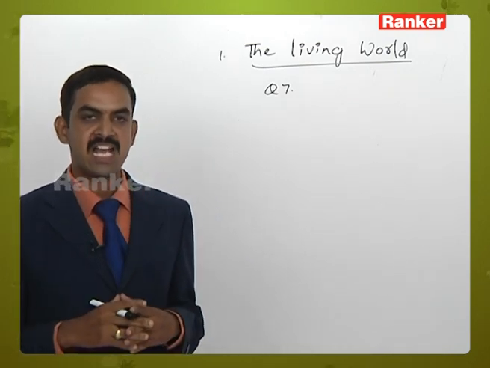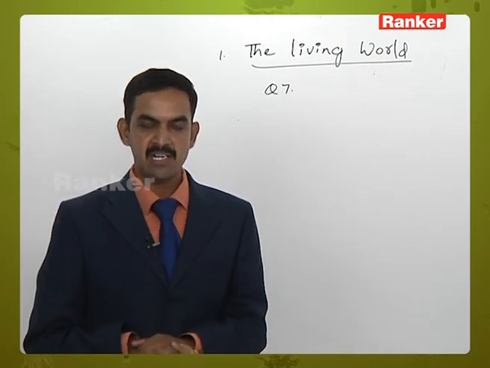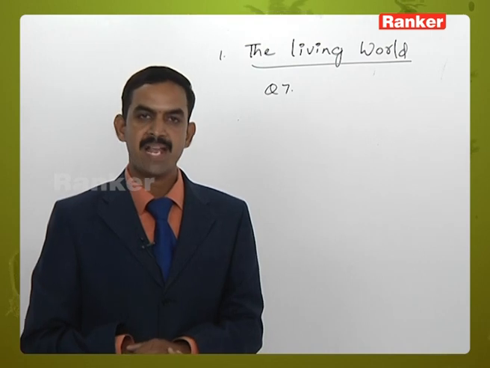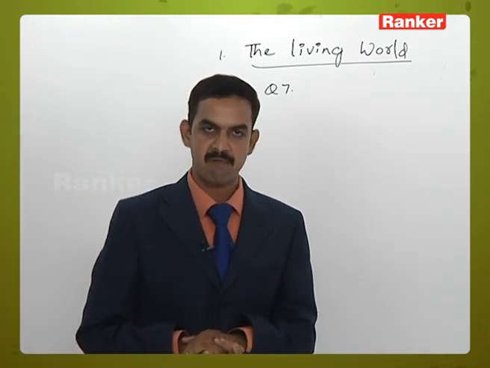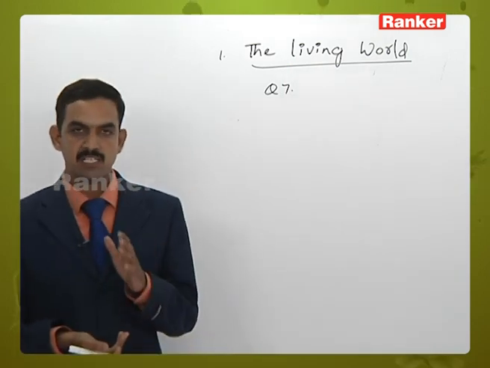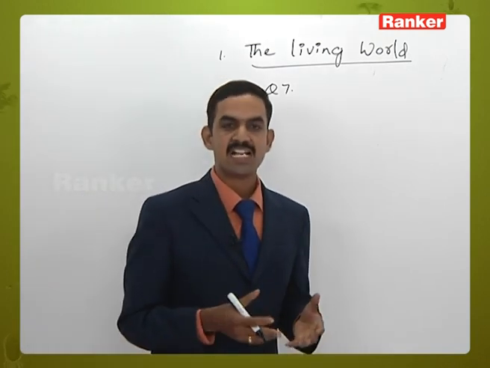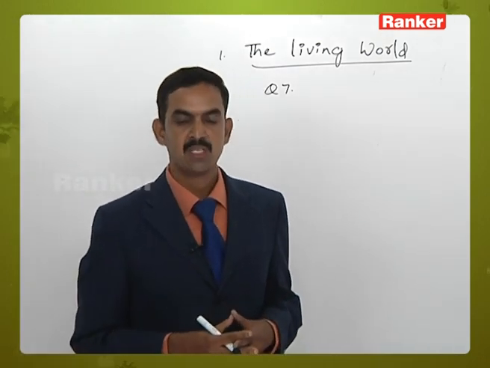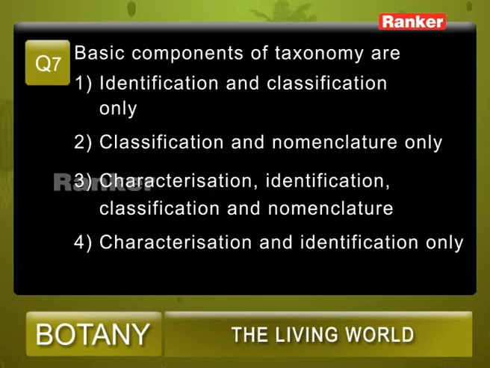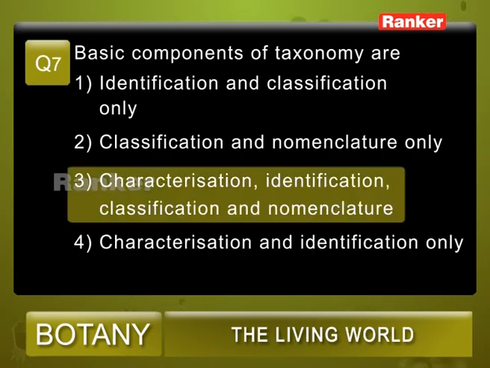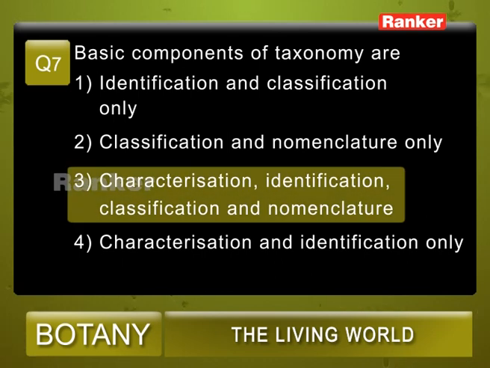After giving a scientific name to the plant, they are categorized into various categories or taxa based on their similarities and dissimilarities, that is called classification. So the 4 basic components of taxonomy are characterization, identification, classification and nomenclature. So out of the 4 given options, the answer for question number 7 is 3, that is characterization, identification, classification and nomenclature.